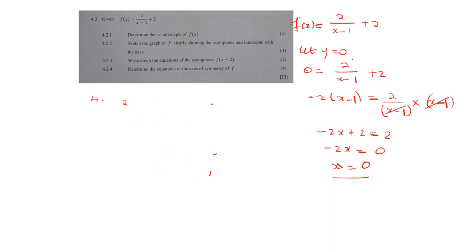Then to draw the graph, you ought to pay close attention to what you are given. You need to check the value of a. So if you check the value of a that we have here, firstly, we indicate the asymptotes x equal to 1 and y equal to 2.